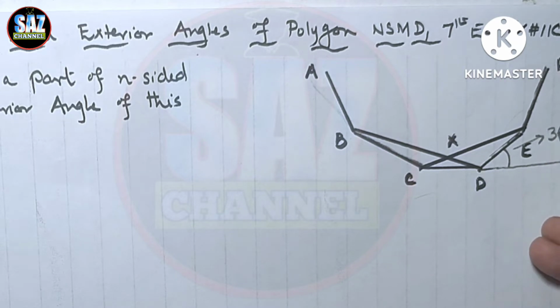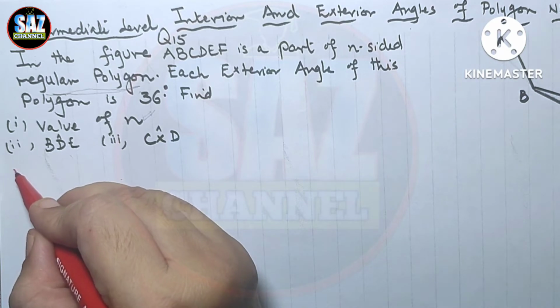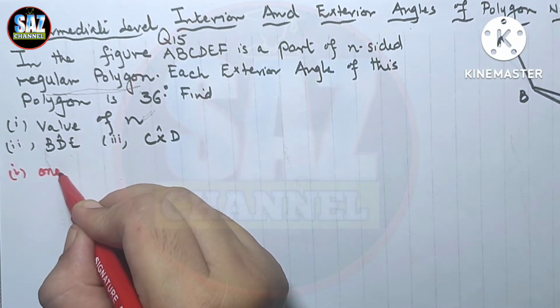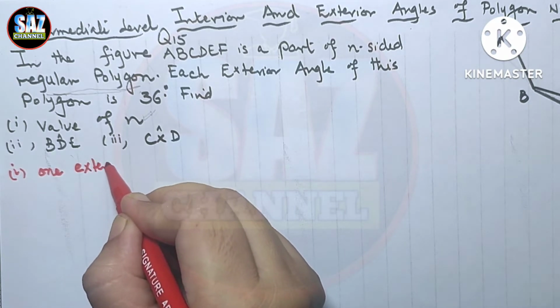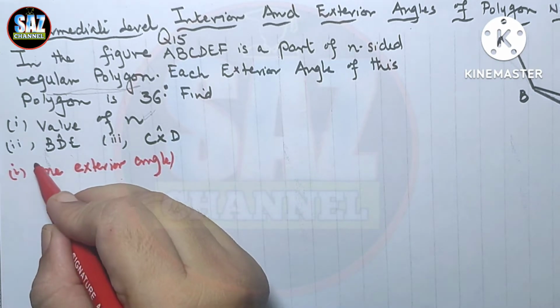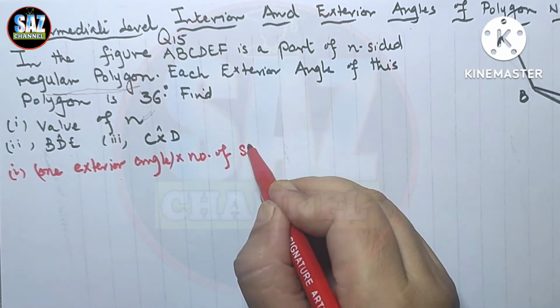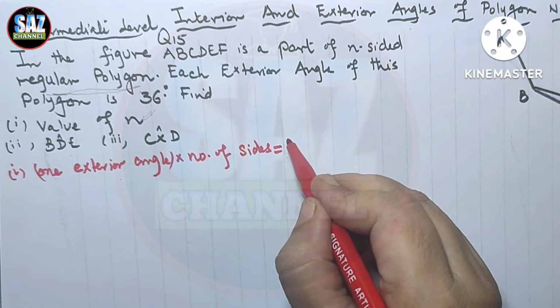Now what is the requirement of the question? The first requirement is we have to find the value of n, where n stands for the number of sides. We know the formula for the number of sides when the exterior angle is given to us: one exterior angle multiplied by number of sides equals 360 degrees, a very useful formula.